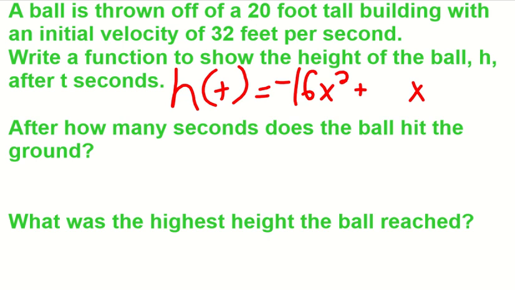What should I put in front of the x for the coefficient? 32, the initial velocity. So initial velocity goes in front of the x, and then our starting height, or initial value on the height, is our c value. So there's our function.